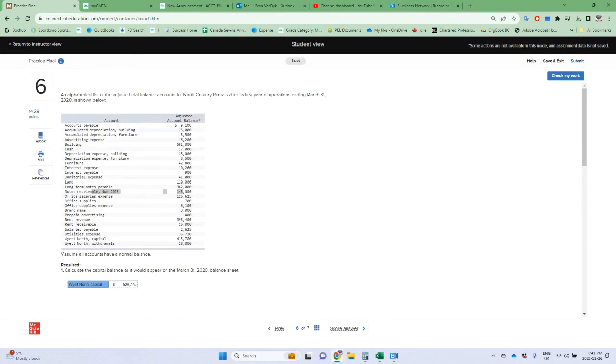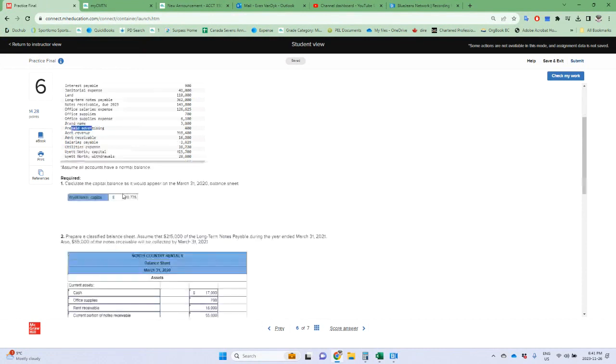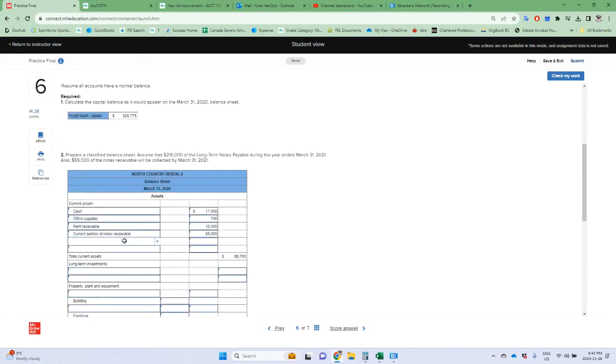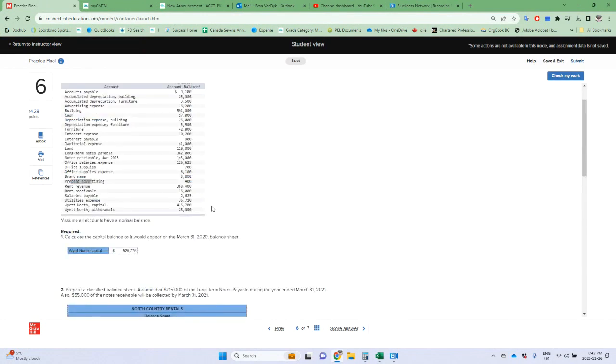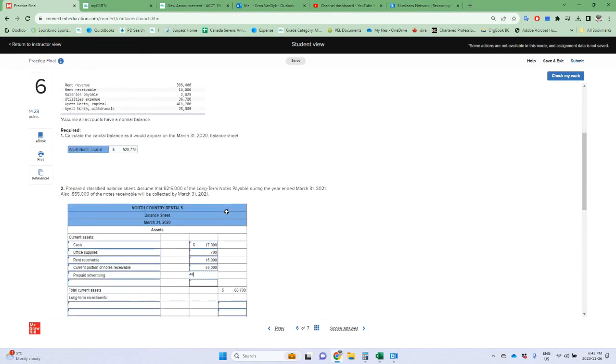And check this again. So we had accounts payable, no, that's not cash. Current portion of our notes receivable, our office supplies. Ooh, we have prepaid advertising here. Good. 400.